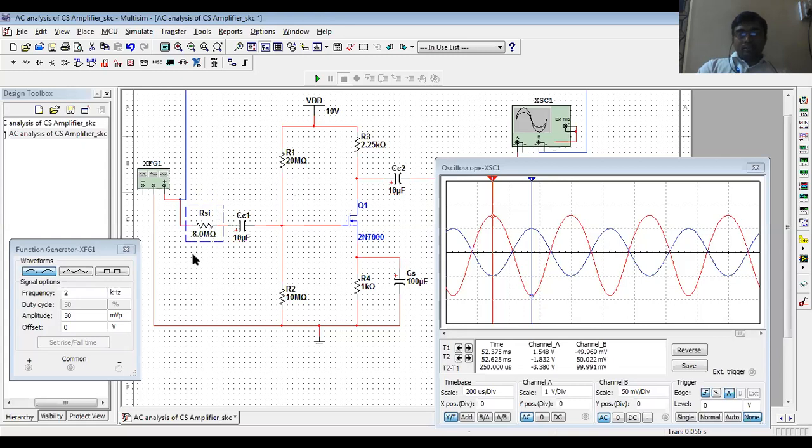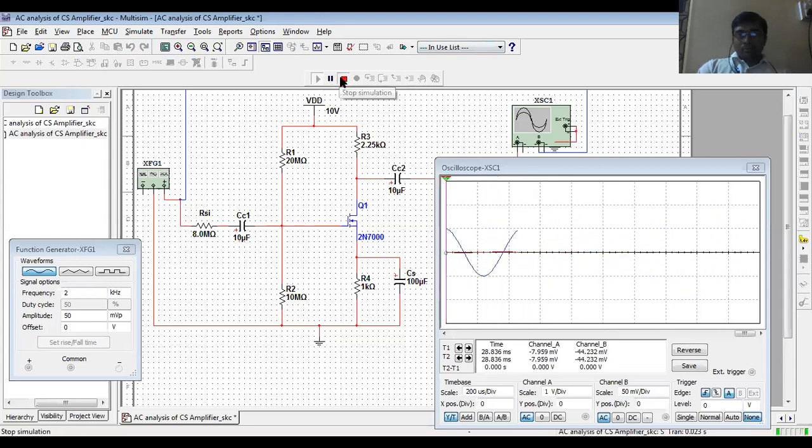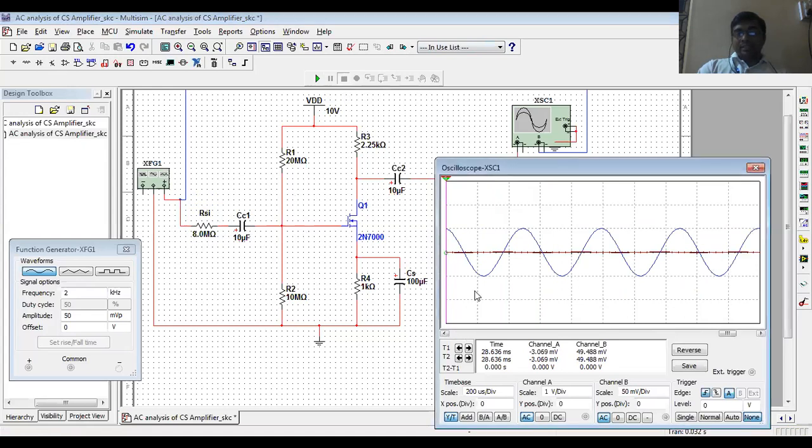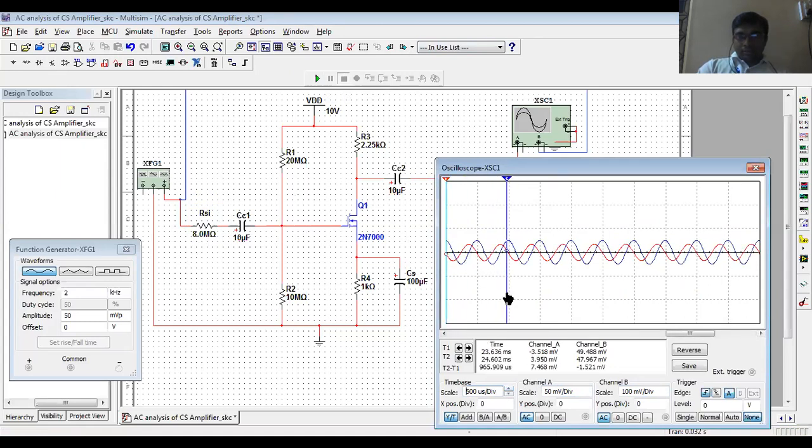Now RSG here is connected in series with the CC1, the input coupling capacitor. Now you observe the output value after simulation. You will see a very drastic change in the value of the output signal. The output voltage drops significantly, and keep observing the output value.